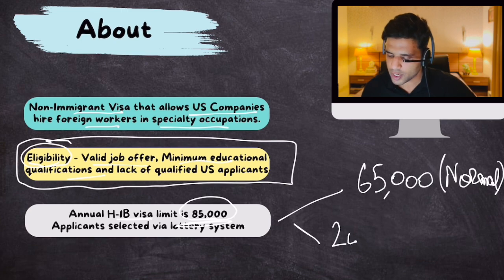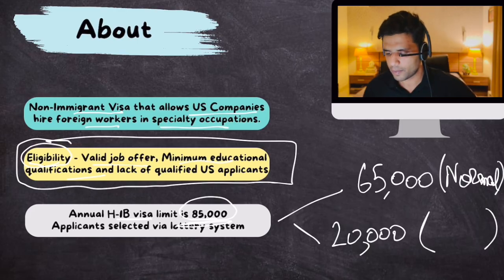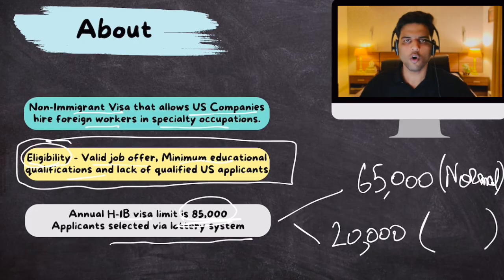And these extra 20,000 would be for highly skilled people who have minimum PhDs. So total 85,000. Applicants are selected via a lottery system. Clear? That is all.